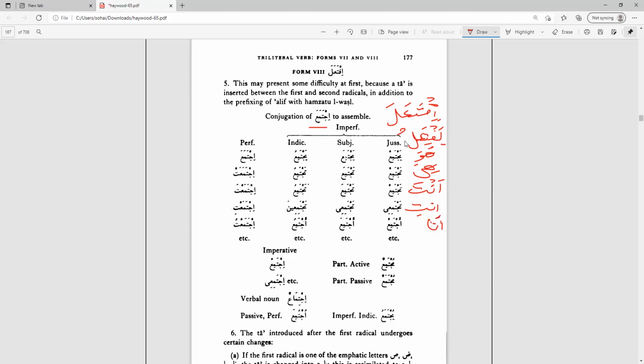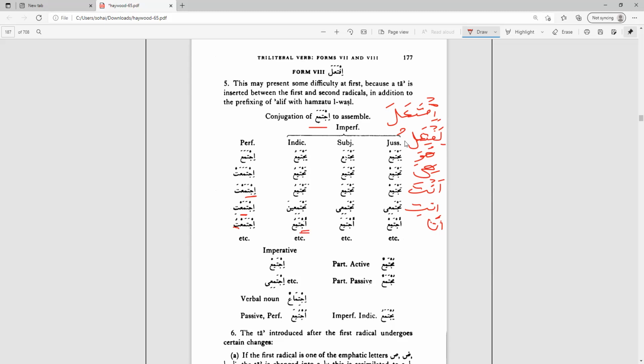Ijtama'a means to assemble. In the past, it would be ana ijtama'tu, نحن اجتمعنا, أنت اجتمعت, أنتما اجتمعتما, أنتم اجتمعتم, أنت اجتمعتي, and so forth. For the mudare, it'll be أنا أجتمع, نحن نجتمع.